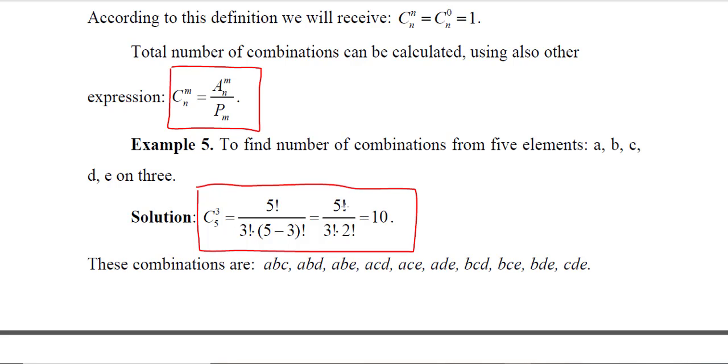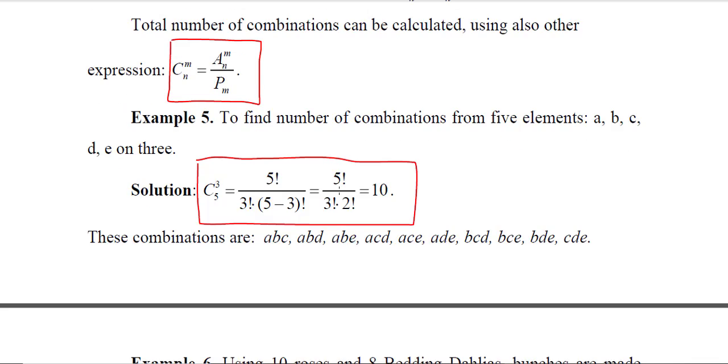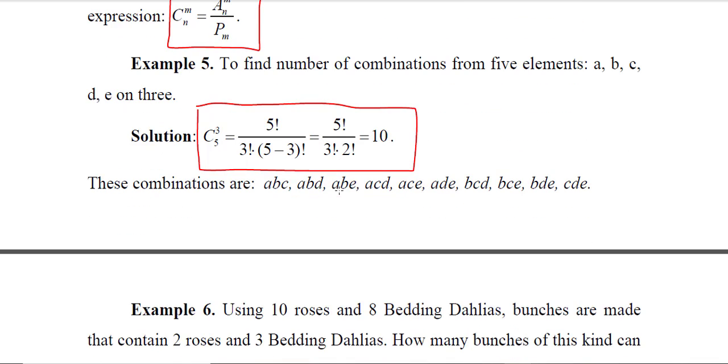So let's consider what factorial is. This is a multiplication of numbers. For example, 5 factorial is 1, 2, 3, 4, 5. And these 10 combinations are ABC, ABD, ABE, ACD, ACE, ADE, BCD, BCE, BDE, and CDE.